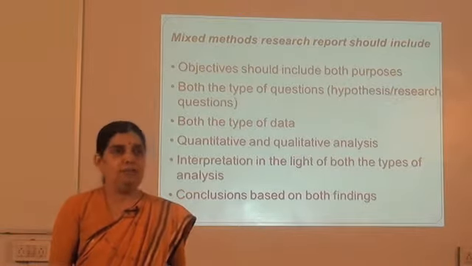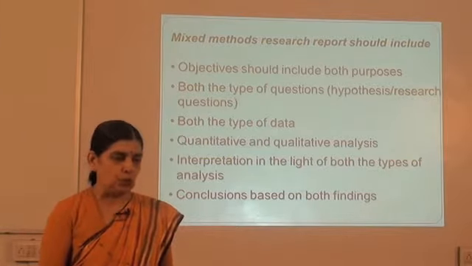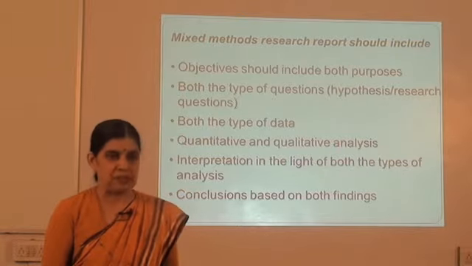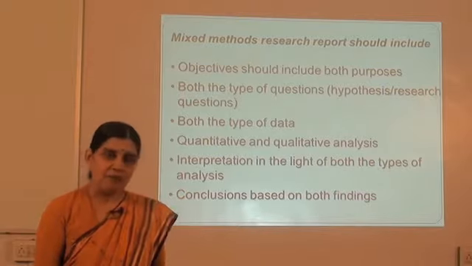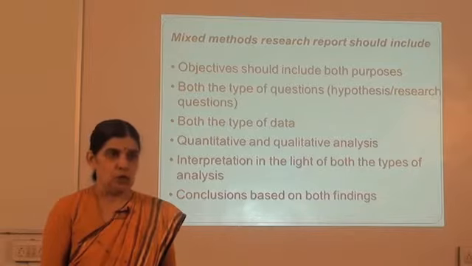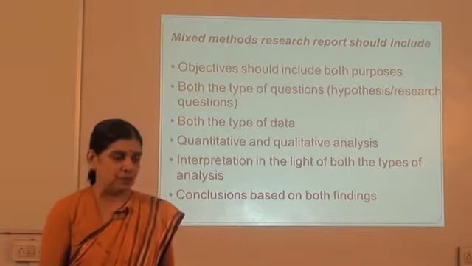So overall we can say that a mixed method research report should include objectives, should include both purposes. So if you really want to do mixed method research, right from the objectives, you should consider both of these. So you should indicate that there are both purposes in your study.